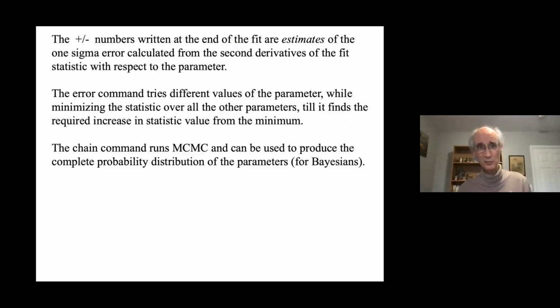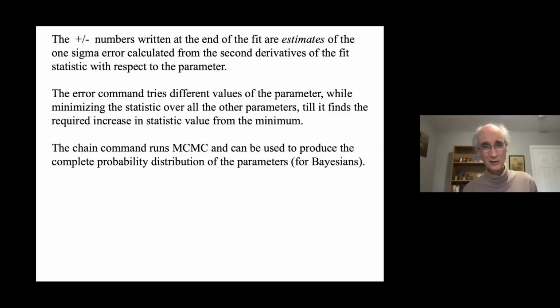If you do an XSPEC fit, then at the end of the fit, it'll give parameter value plus or minus, and those are actually 1 sigma error estimates based on the second derivatives of the fit statistic. So they should just be thought of as estimates. The error command itself tries different values of the parameter while minimizing the statistic over all the other parameters until it finds a required increase in statistic value from the minimum. That's a better estimate of the error than the simple plus or minus.